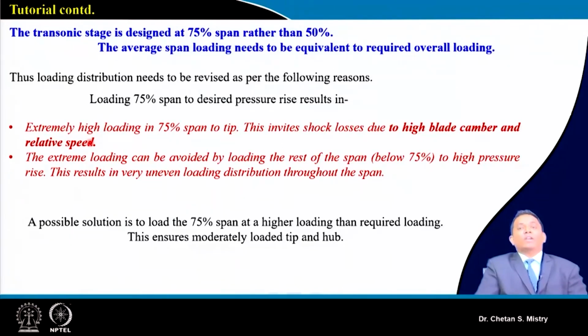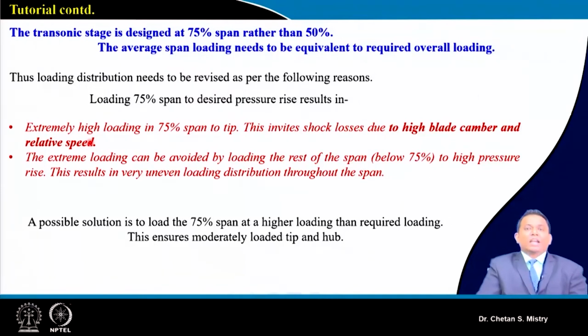We have assumed our design pressure ratio at 75% of span. Now what we need to do is vary our expected pressure ratio at different stations based on certain assumptions. So for this case, we have assumed our expected pressure ratio near the hub is 1.4, and expected pressure ratio near the tip is 1.66.